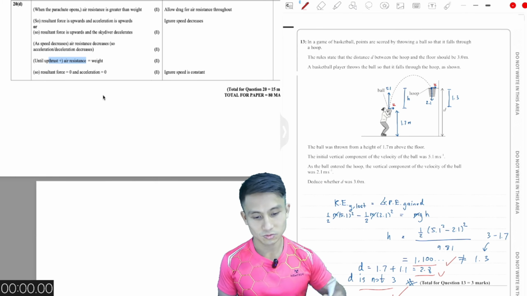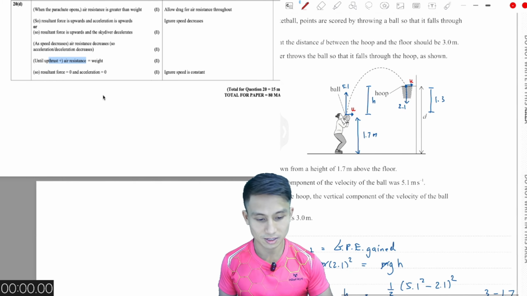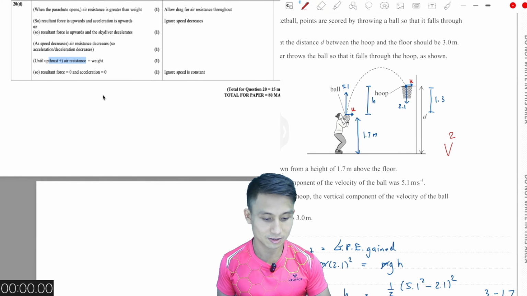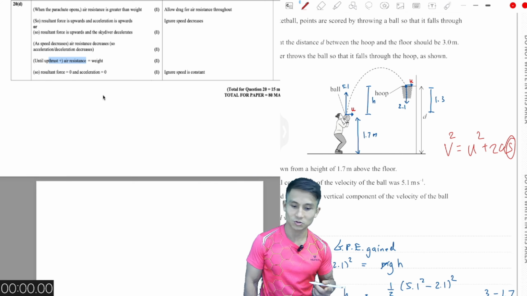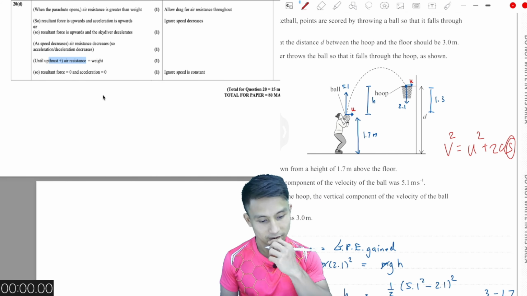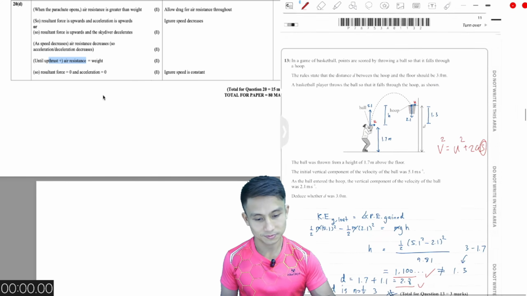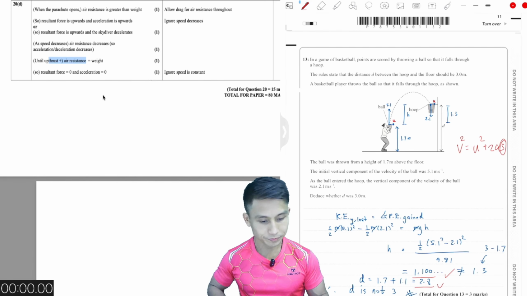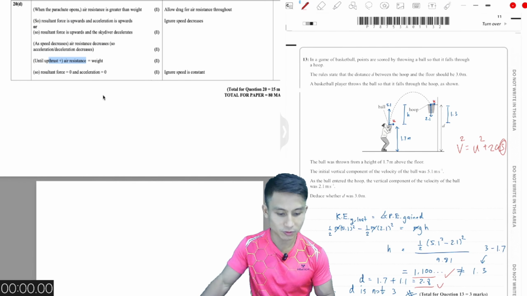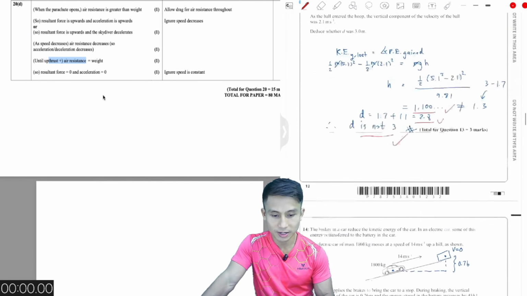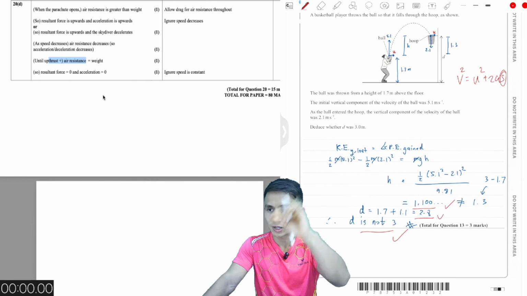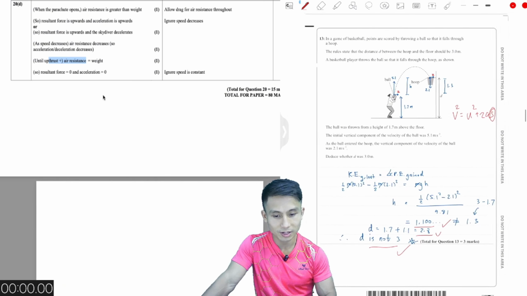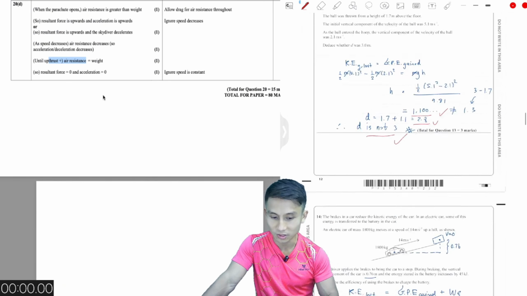You could have done it like this, and then you would have found S, and that would also work. Yeah, that would have worked. But that's the idea: you pick the first point and the final point, and calculate the distance to show that it's not the case.